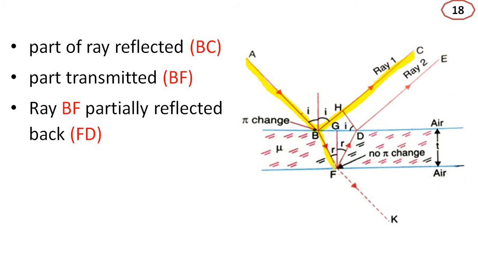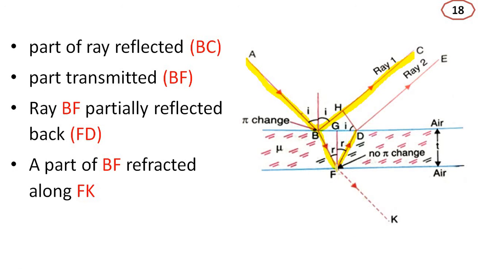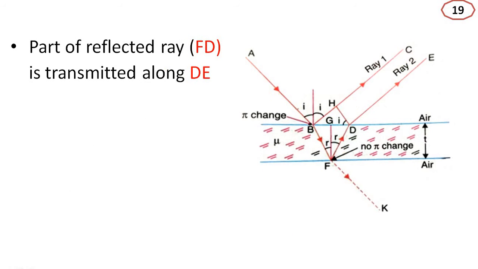The ray BF is partially reflected along FD, and a part is refracted along FK. Now, the part reflected along FD is transmitted along DE.